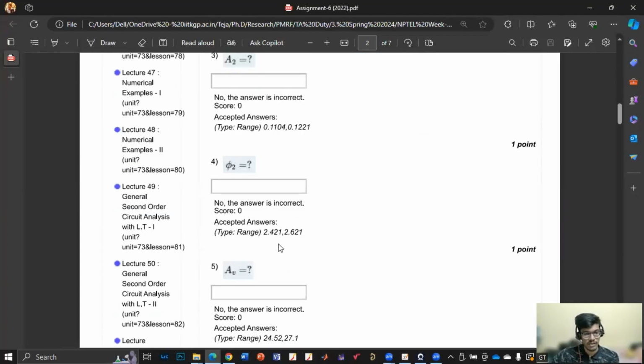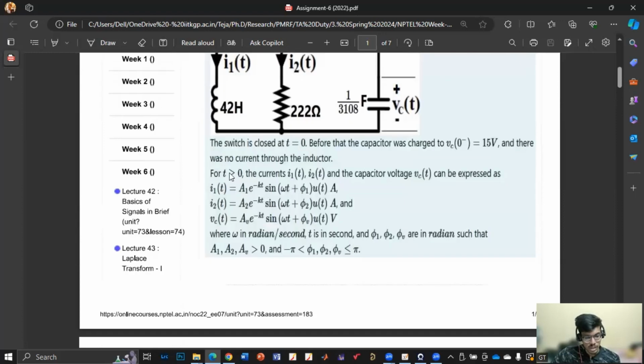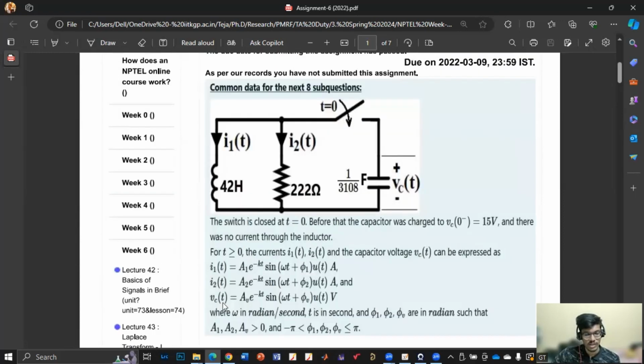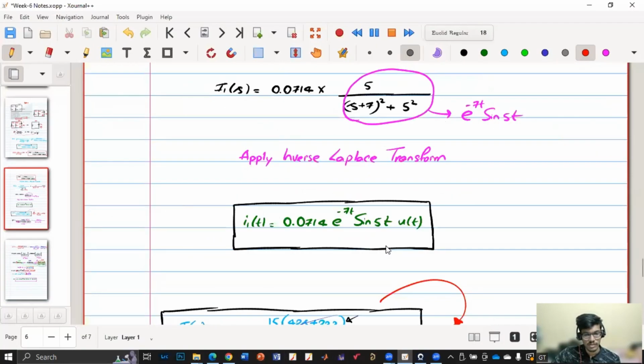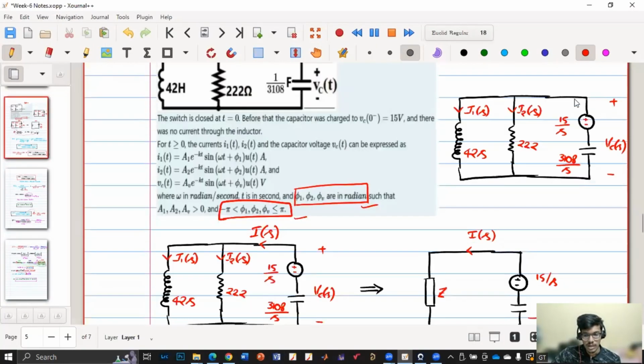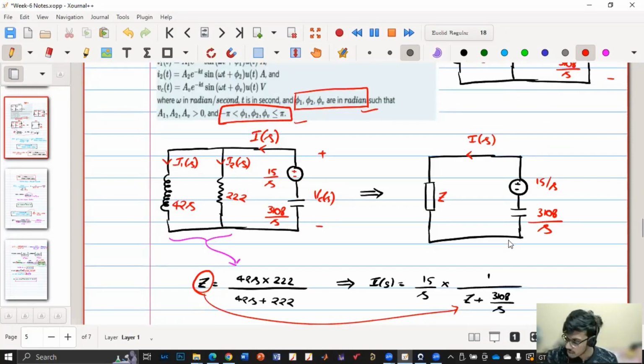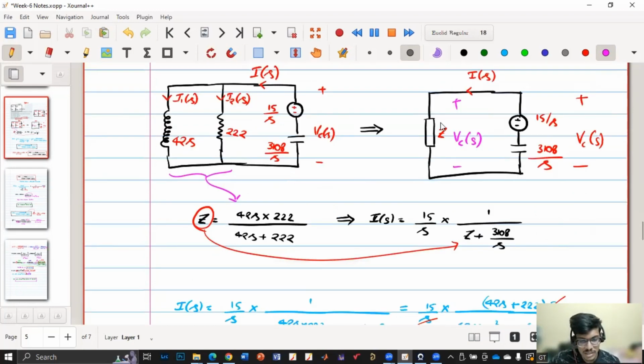So here we have calculated I1, I2. So now VC of t. What is VC of t? Here VC of S is nothing but, in this expression, plus minus VC of S. So our VC of S is nothing but I of S into this net impedance Z, right?